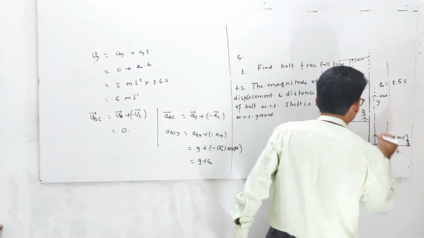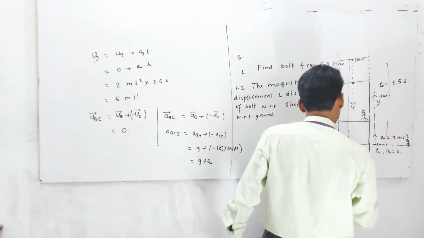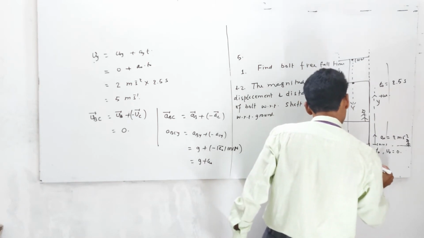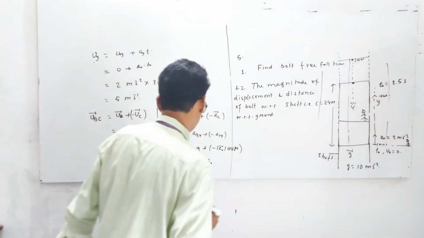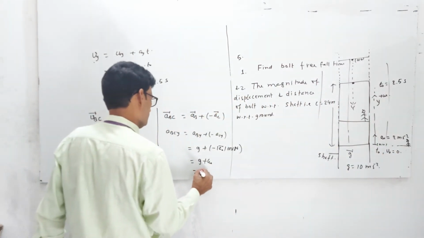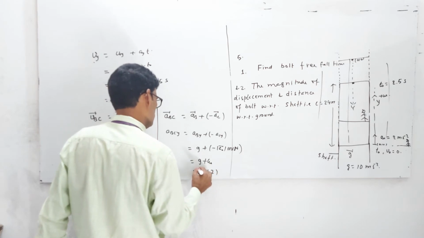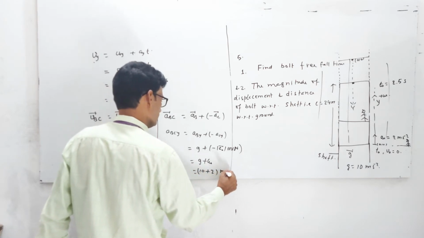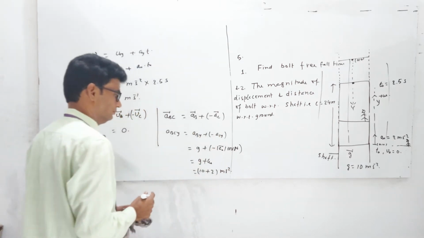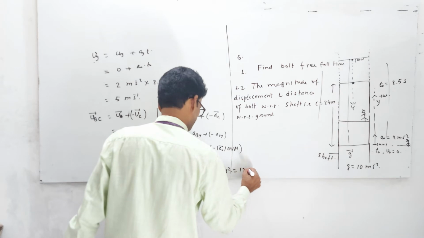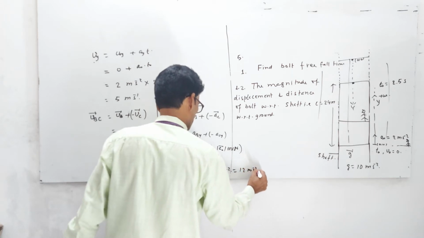We take G equal to 10 meter per second square, so it comes out to be 10 plus 2, that is 12 meter per second square.